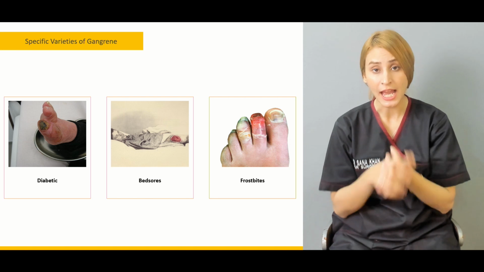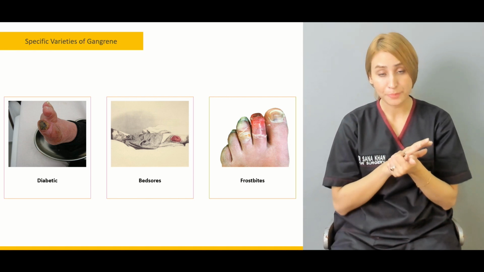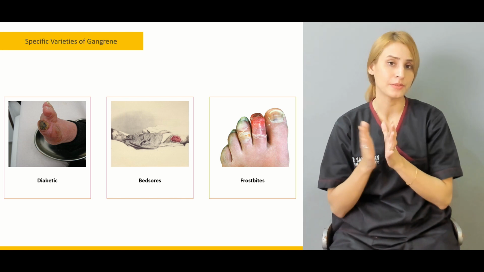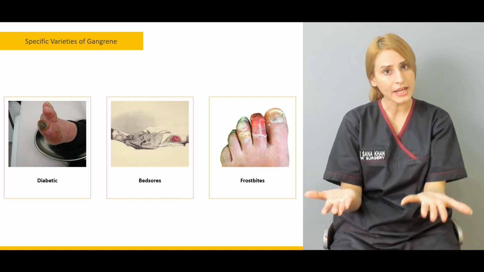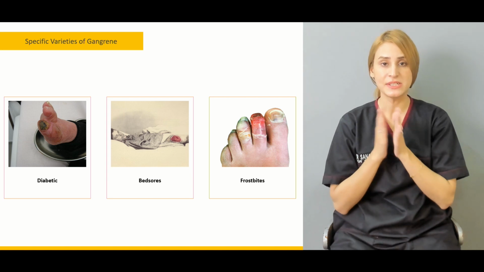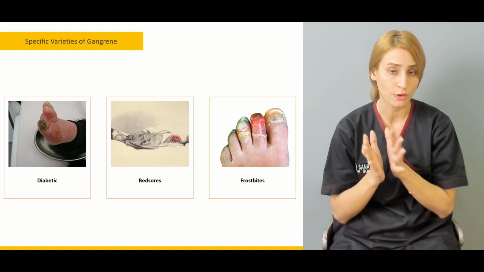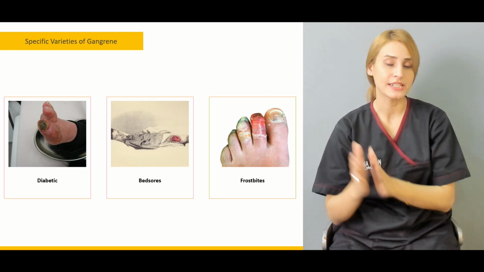So because of the pressure, the vasculature is again affected, and the bed sores develop. So it's also kind of gangrene, and we divide these pressure sores and the bed sores into 4 stages: grade 1, 2, 3, and 4.